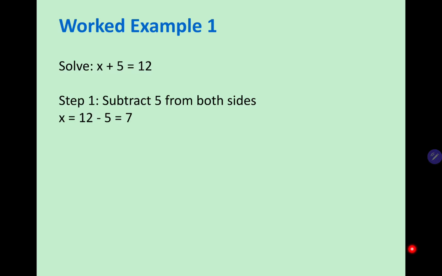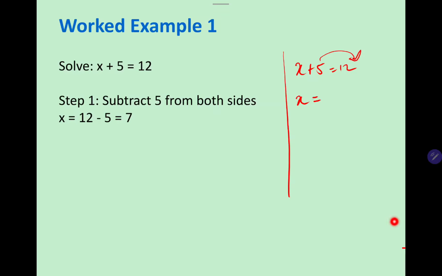So we have example 1. Solve x plus 5 equals 12. We apply the same format we just used. x plus 5 is equal to 12. You make x the subject of the formula, since that's what you are looking for, and you take the matching terms or like terms. You move plus 5 to the other side of the equation.